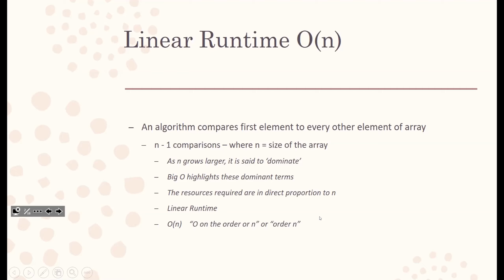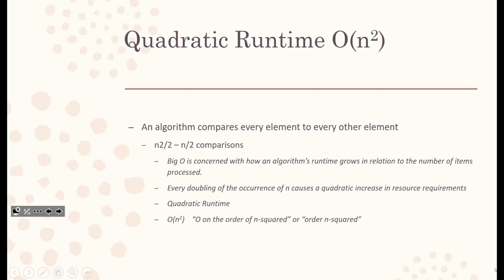This is O on the order of n, or order n. As n increases, the runtime requirements will increase. Those resources are in direct proportion to n. How big is the array? Now, a quadratic runtime is where every element in an array is compared to every other element in an array.